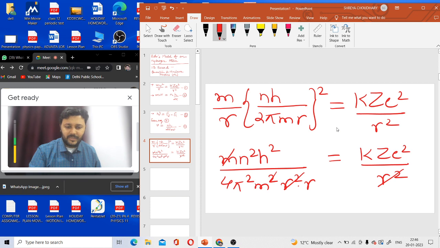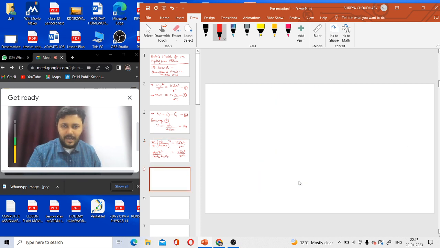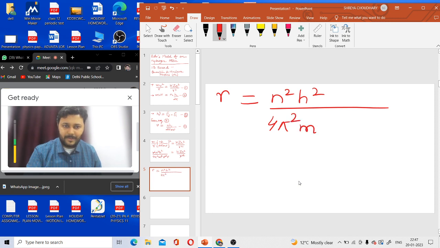What will be left? Let us see. r will be equal to n square h square upon 4 pi square m kZe square. This is the value we are left with.